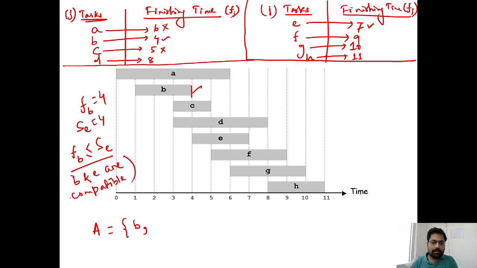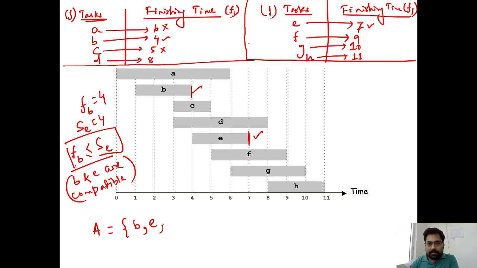This condition should be satisfied, otherwise we cannot say it's compatible. Then we say yes, it is compatible, so we keep it in the set A, which is the maximum number of compatible jobs that we are actually finding.